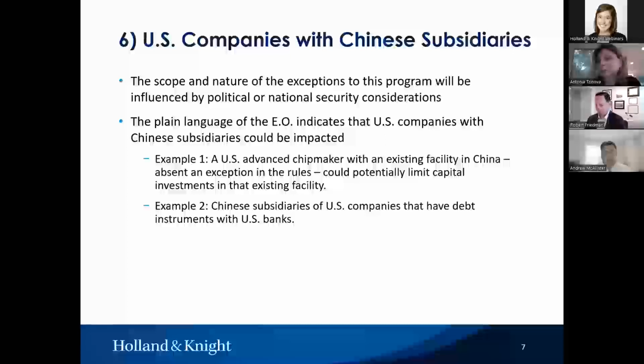And then another area that was mentioned by Robbie is that the Federal Register specifically talks about and asks for comments on the impact if the exception were applicable only to relevant subsidiaries of the U.S. parent before the date of the executive order.